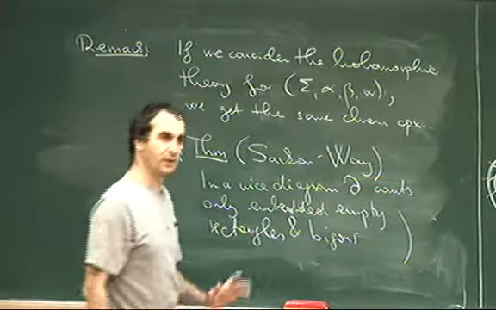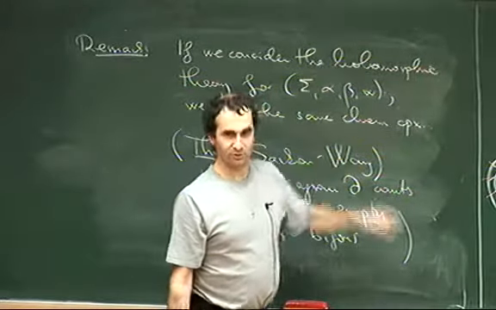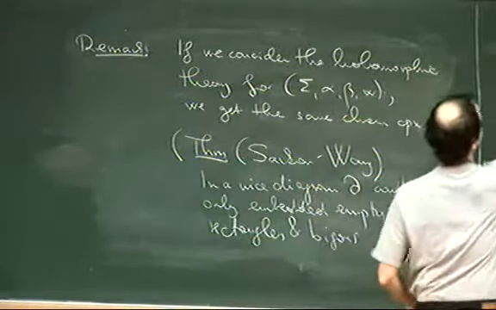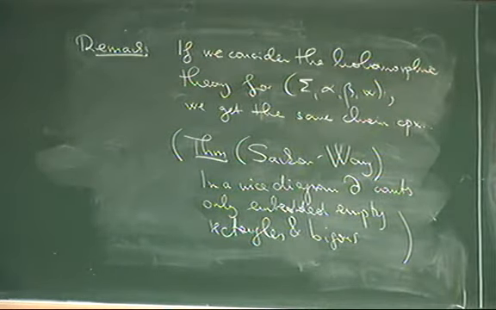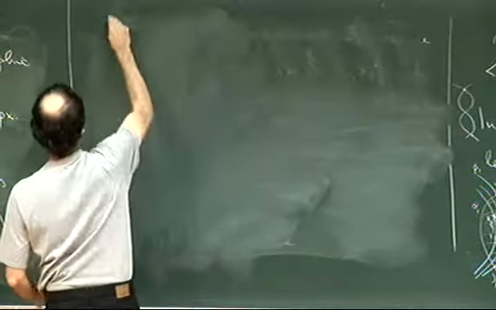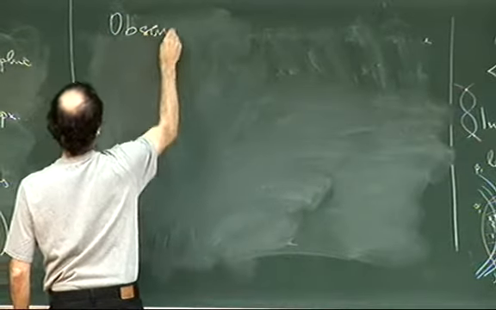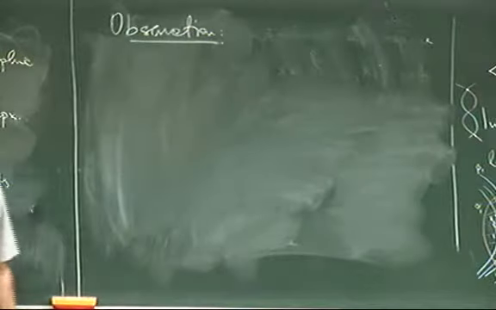Okay, so now we completely forget about the holomorphic thing and we just stick to our problem, and let's just do one exercise. Well, let me prove a lemma first, or an observation, which sort of makes life very easy.